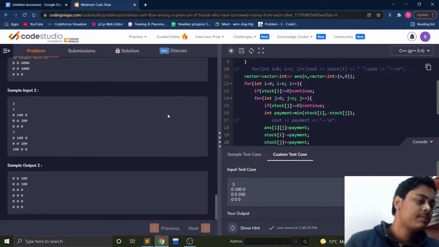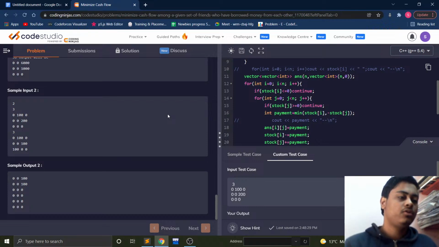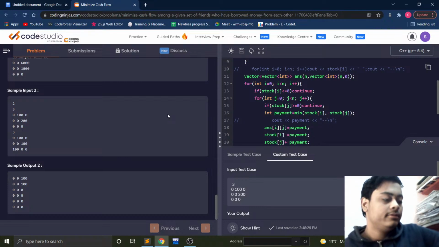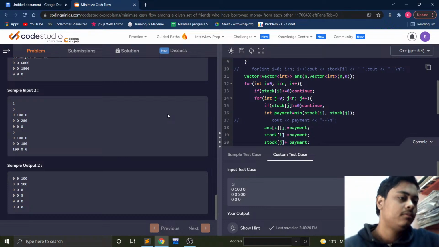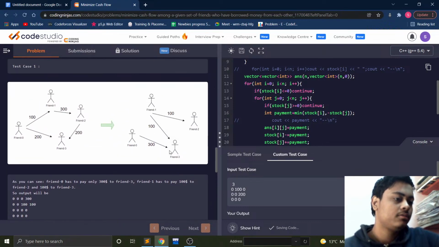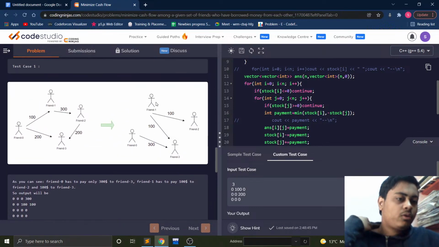Is it like it is expecting the same solution as what it wants? For example, my method of doing this task is different, but the overall cash flow is same.